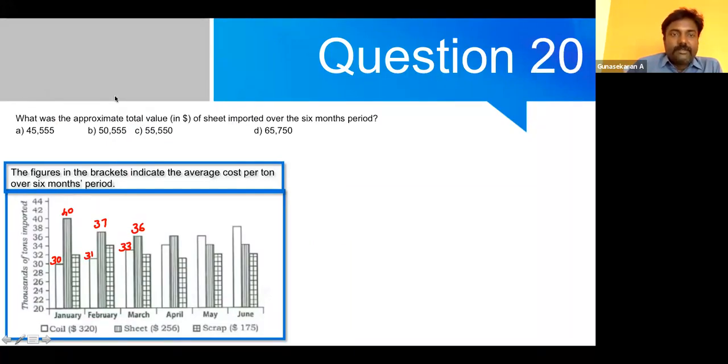Question number 18, 19. Approximate total value of sheet imported over the 6 months period. Sheet, they are asking for the 6 months period. 36, 34.